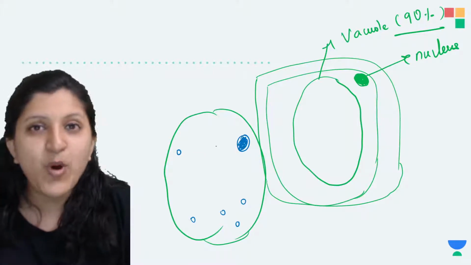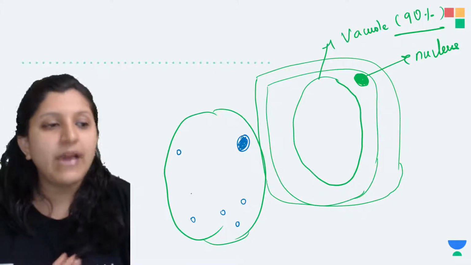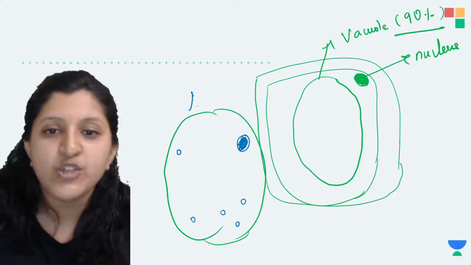So it is either smaller or completely absent in case of an animal cell.